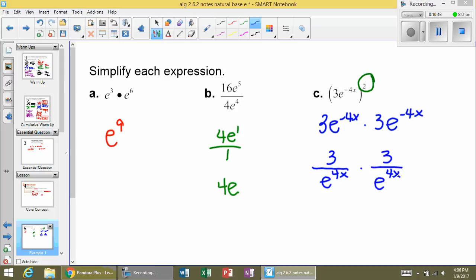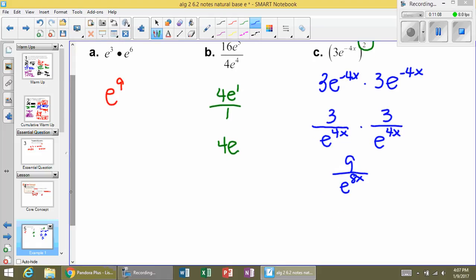And I hope you remember that the 3 stays in the numerator because the 3 does not have a negative exponent. So when we multiply fractions, we multiply straight across. 3 times 3 is 9. And e to the 4x times e to the 4x will be e to the 8x because we're going to add the exponents of 4x and 4x to give us 8x.